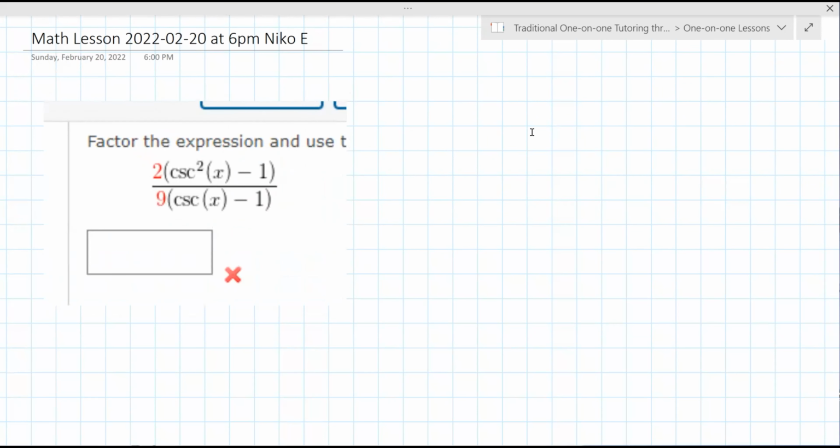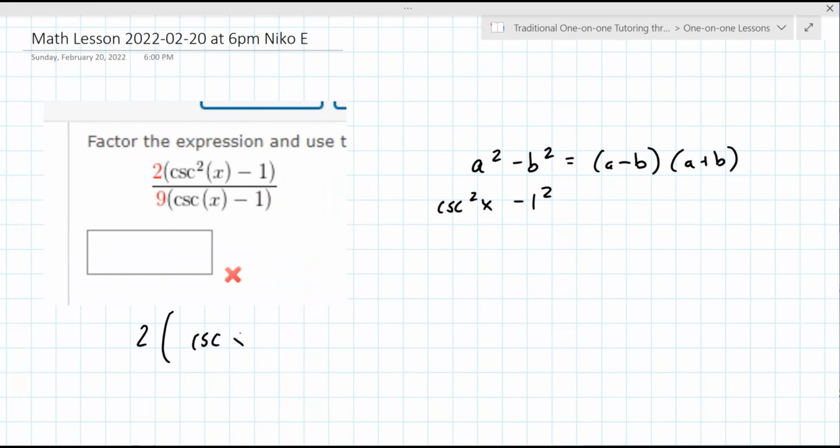So Nico, you sent this over. The one in the numerator is a difference of squares, a squared minus b squared. So that's a minus b, a plus b. And in your case, it's cosecant squared x minus 1 squared. So your numerator is going to become 2 (cosecant x minus 1)(cosecant x plus 1).